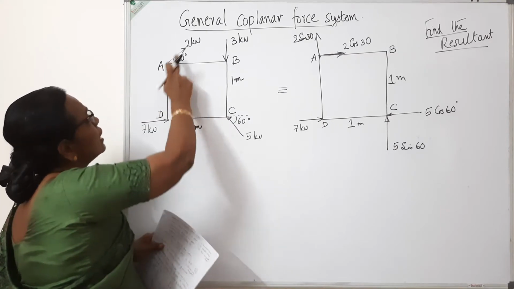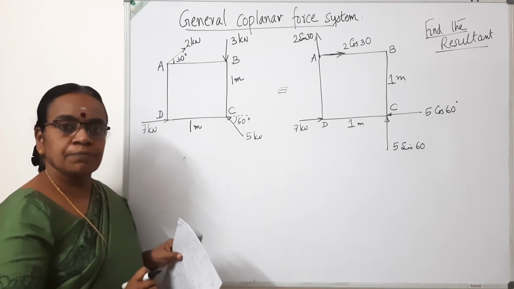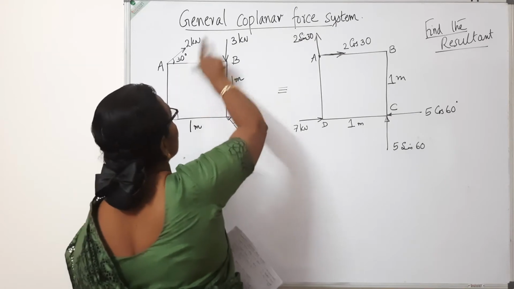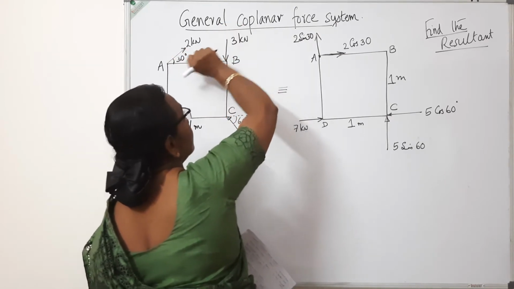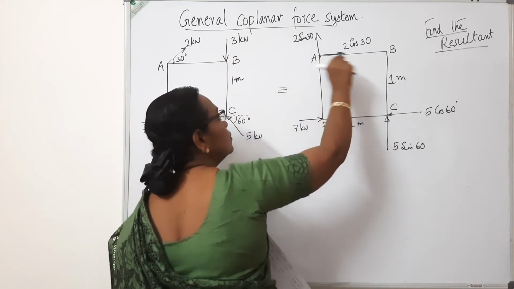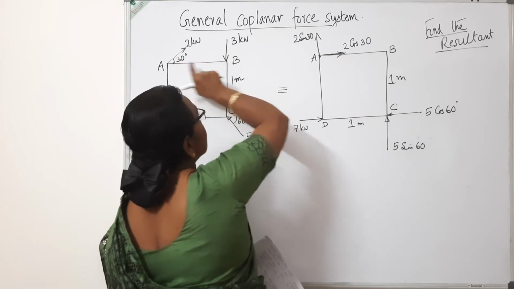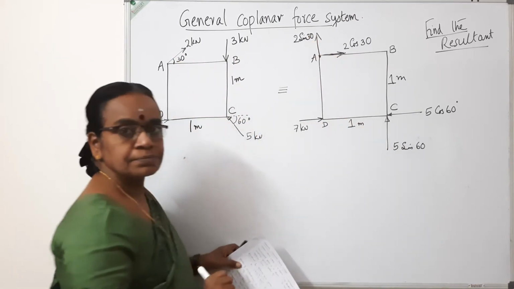So there are two inclined forces, 2 and 5. First step, let us resolve them into horizontal and vertical directions. This force 2 acting at A at 30 degrees is away from A, so its components are also away from A. So this is 2 cos 30, angle 30 degrees with horizontal, and the other one is 2 sin 30.